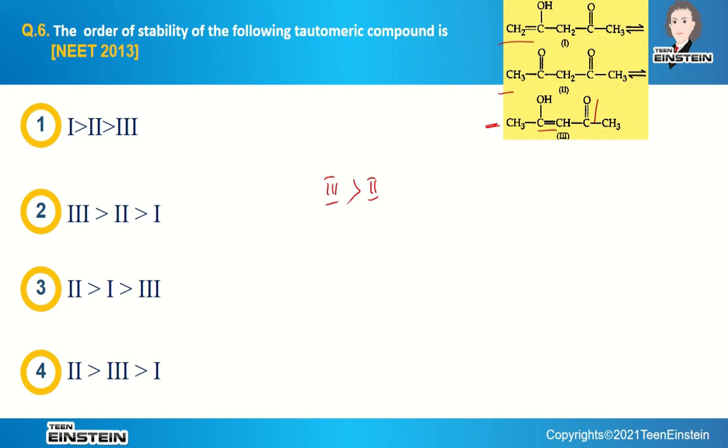Here the enol is less stable than the carbonyl group. So the order of stability of the following tautomeric compounds is 3, 2, 1. So the correct option is 2.